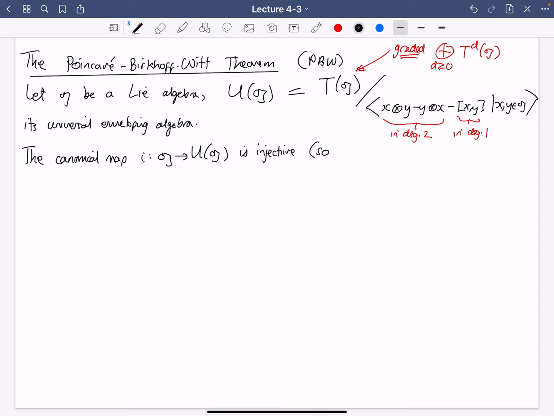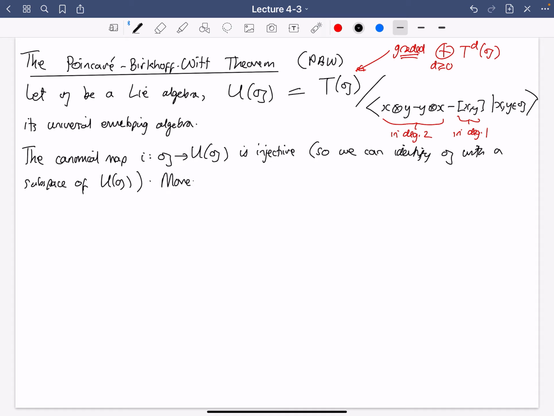Because of that, we can identify the Lie algebra G with a subspace of its universal enveloping algebra, and I'm going to do that from now on.